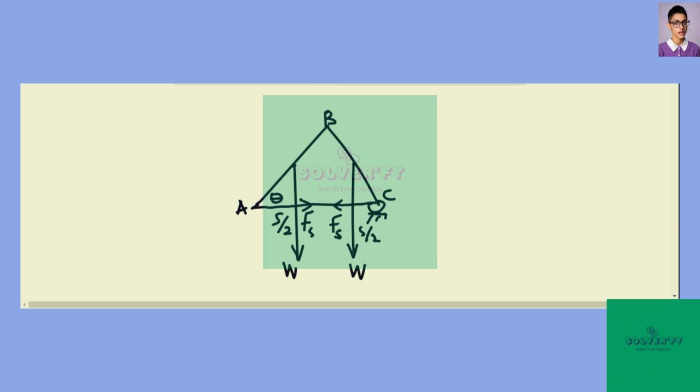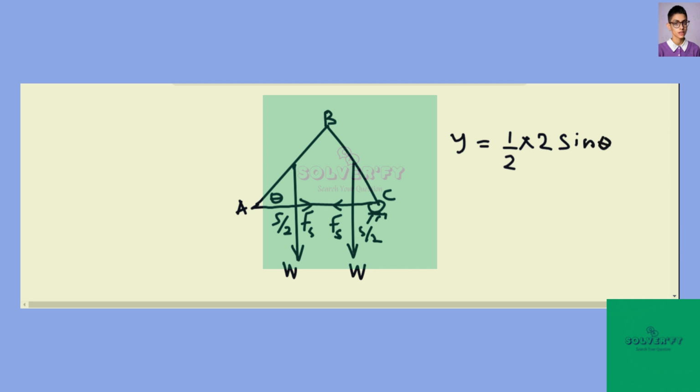So if we consider the bars now, AB and BC, for one of them we are going to have the vertical distance, which is going to give us a Y. Remember that the weight acts through the center of gravity, half AB, half BC. So it's going to give us equal to 1 over 2 times 2, since the length of AB is 2 and the length of BC is 2, times sine theta.